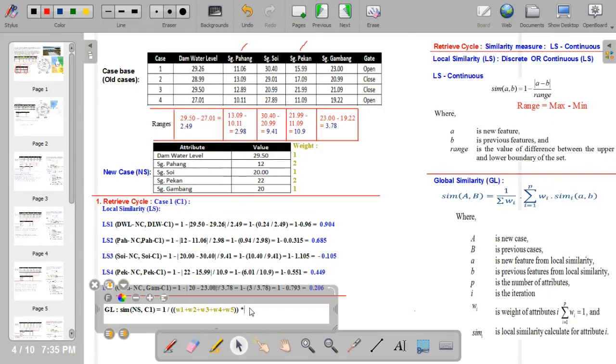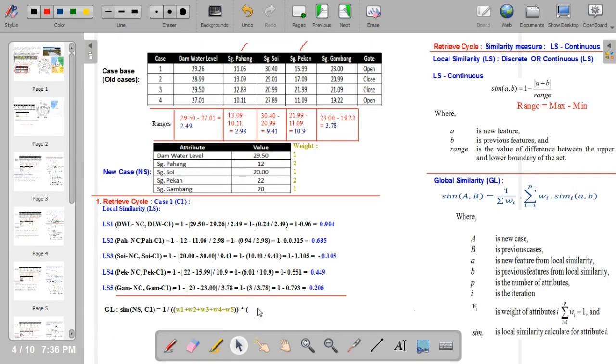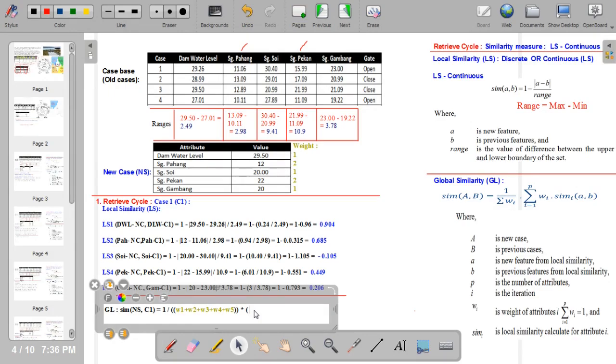I can express this as new brackets for the summation, meaning that I'm going to multiply the weight for attribute i with the local similarity of i that I have already calculated. So here, firstly, I'm going to use weight 1, right?